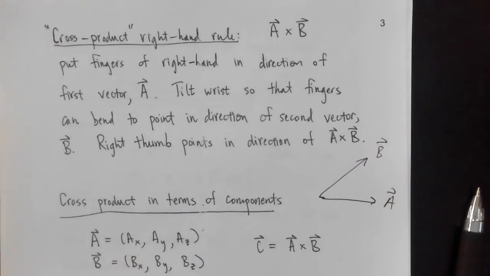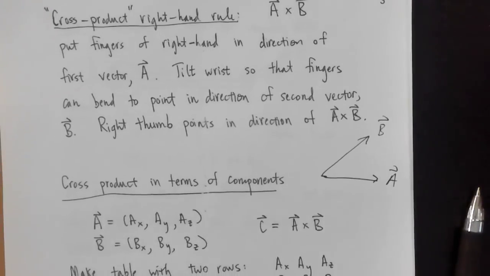I put my fingers in the direction of A, then I tilt my wrist so I can bend my fingers toward B, and then I stick out my thumb. Everybody good with that? Cross product right-hand rule?